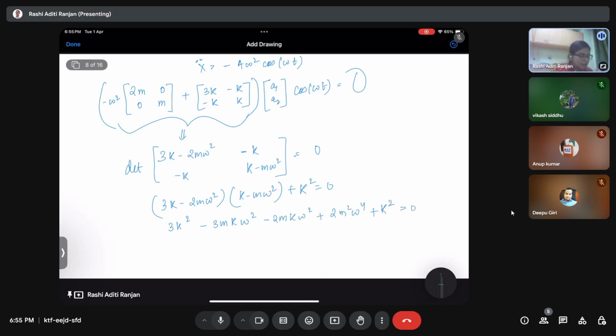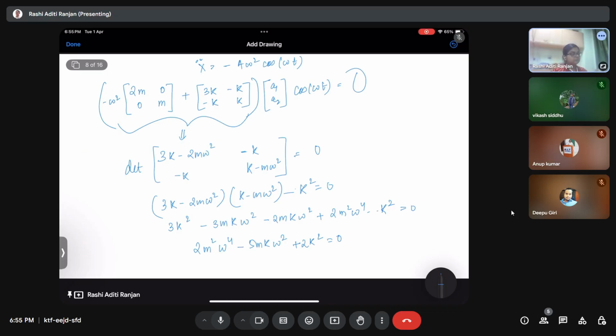Right? Now, if I find the determinant, which is 3k... okay? Now, if I arrange it with the decreasing order of the power of omega, I'm going to get this: minus 5mk omega square plus 4k square is equal to 0. Here should be a minus. Yes.